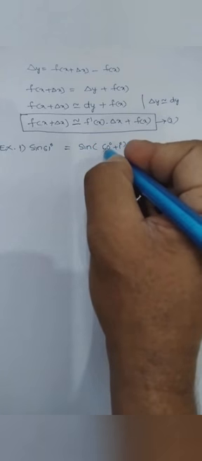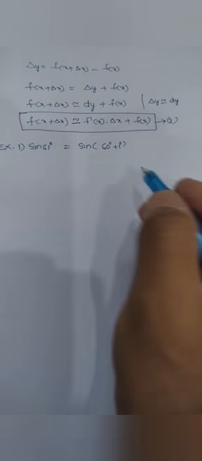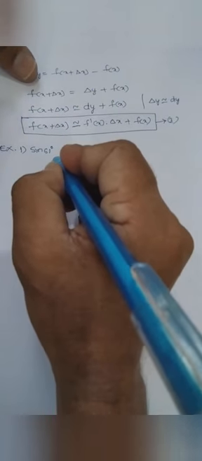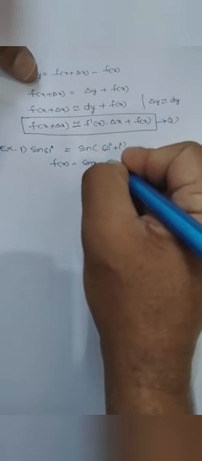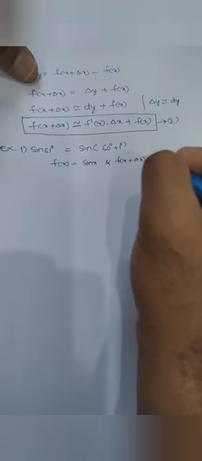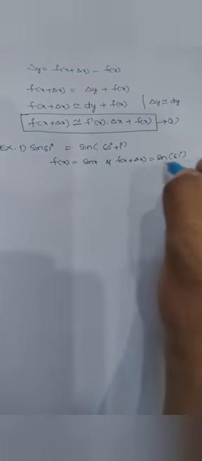So 60 degrees is our x, delta x is 1 degree. Our function is f of x equals sine x, and f of x plus delta x is equal to sine 61 degrees.